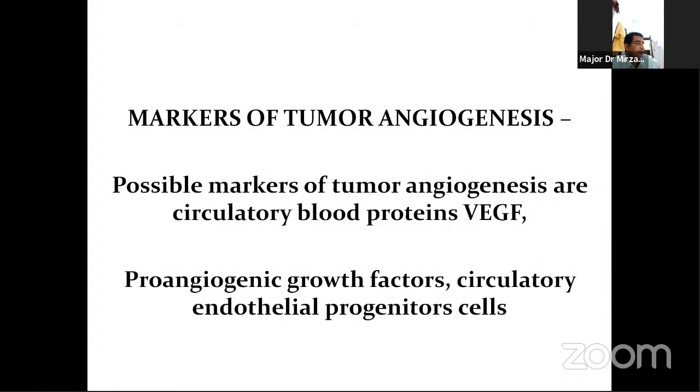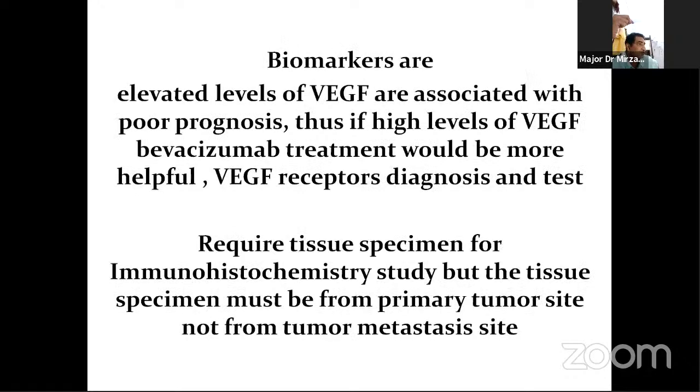The possible markers of angiogenesis in the blood include cytokines like interleukin 6, interleukin 8, and several blood proteins, pro-angiogenic growth factors, and circulatory endothelial proteins. But actually, for diagnosis, if you are starting bevacizumab, what should we do? We should get a biopsy done, followed by immunohistochemistry.